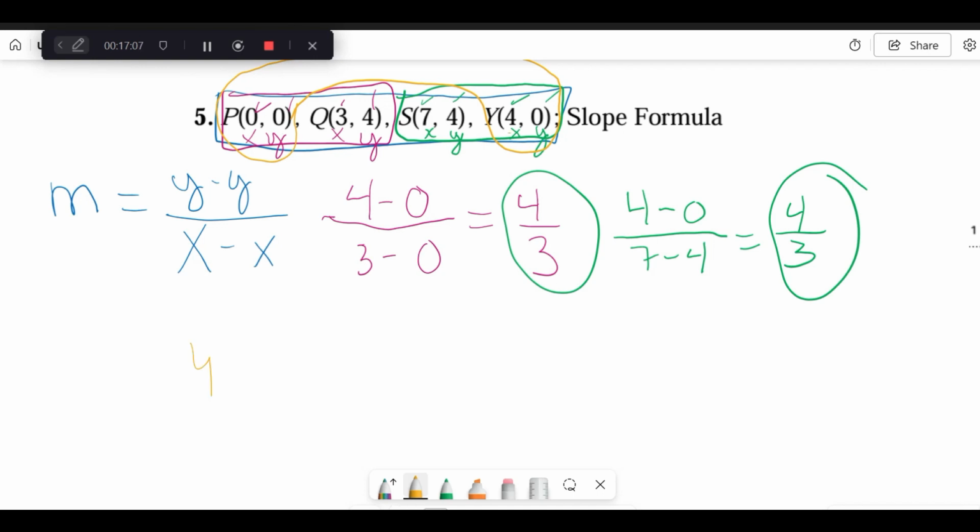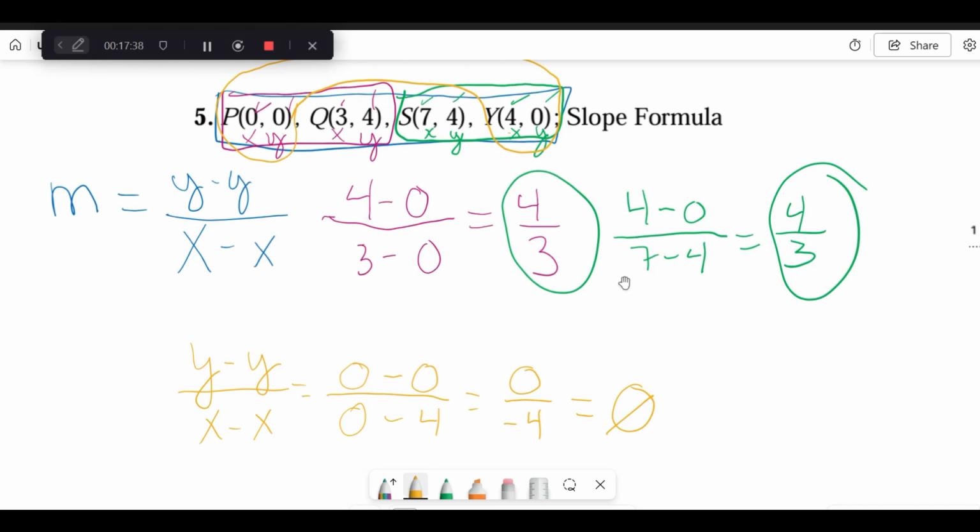So I'm going to do the y minus y over the x minus x. And the y's are 0 minus 0 over, then I have 0 minus 4. And that's equal to 0 over negative 4, which is equal to a slope of 0. So that one has a slope of 0.